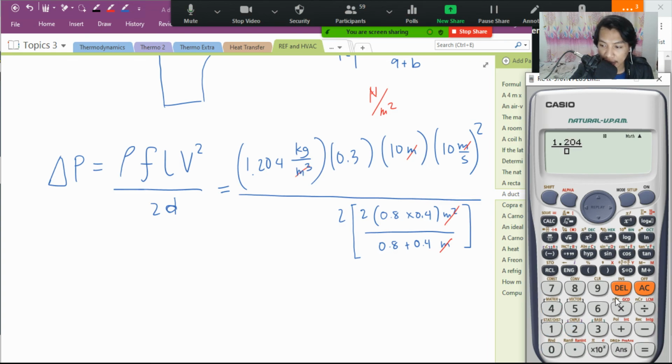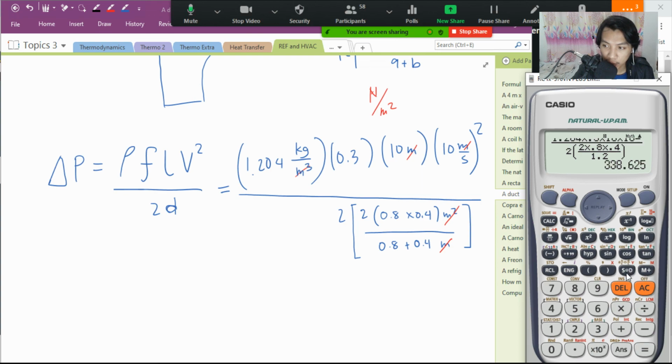So, we'll solve the value of pressure. 1.204 times 0.3 times 10 times 10 squared divided by 2 times 2 times 0.8 times 0.4 divided by 1.2. Kasi 0.8 plus 0.4 is 1.2.